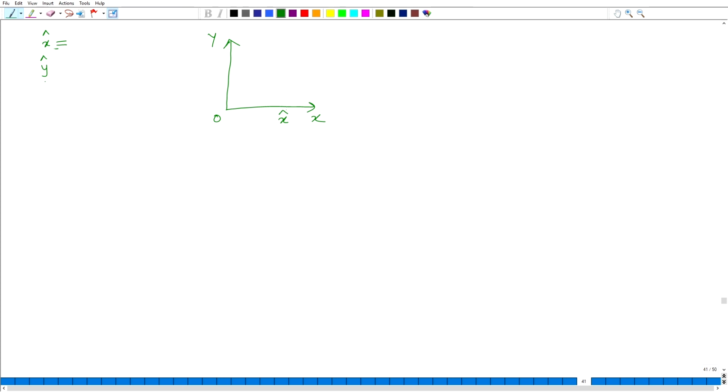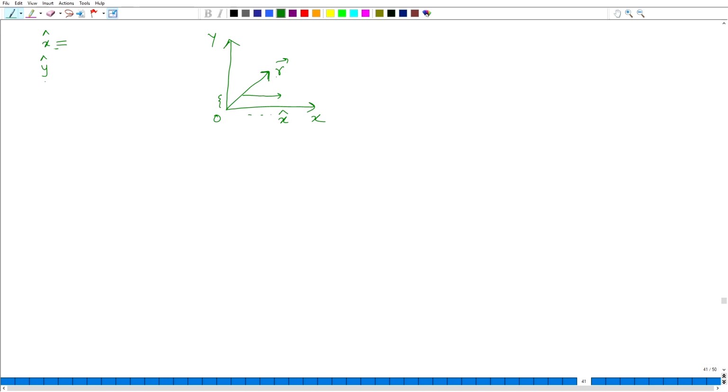The proper way to define it is that this is the direction along which if you move, your y will never change, but your x will. So, if you now have, for example, a position vector like this, you can actually, okay.